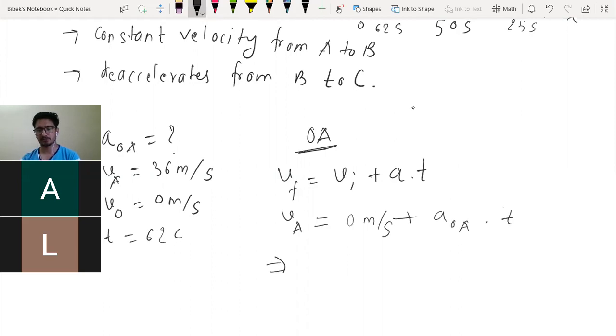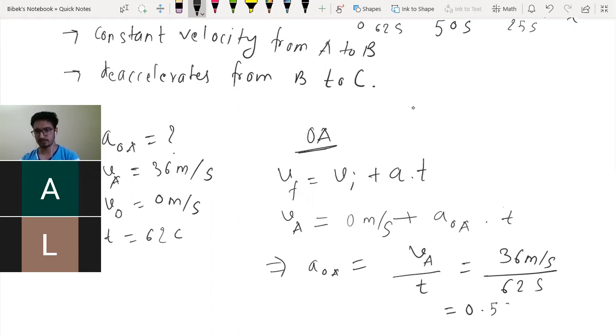It's a good habit to do the algebra first and plug in later on. So a_OA is VA over time, right? So 36 meters per second divided by 62 seconds. That gives you about 0.58 meters per second squared. So that's your acceleration a_OA.